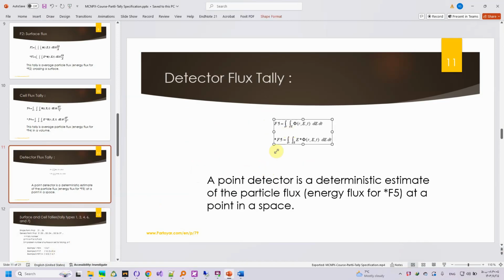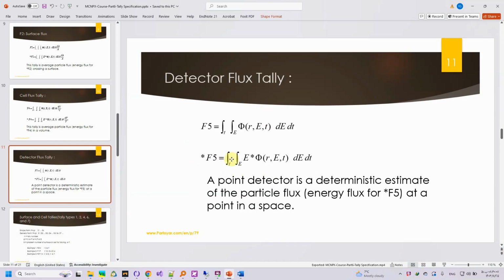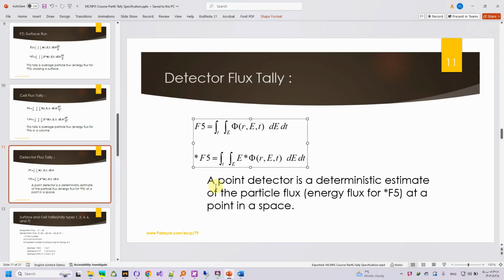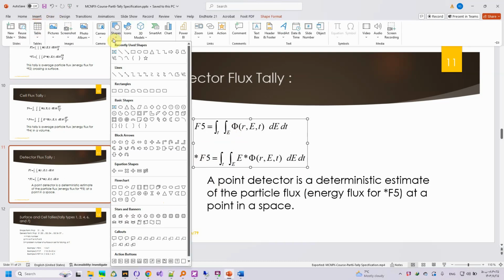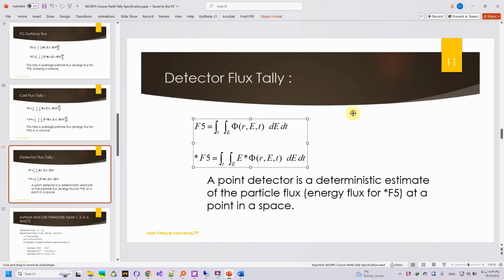The next tally is F5. F5 is the detector card. We can use a detector in two different conditions. The first one is as a point detector. It means just a detector with a center and a radius.